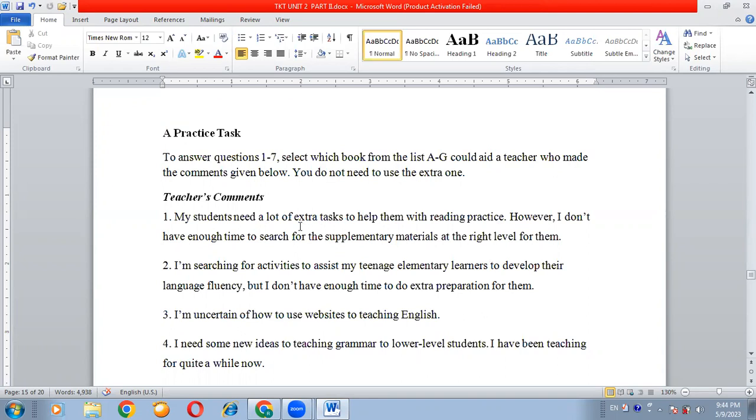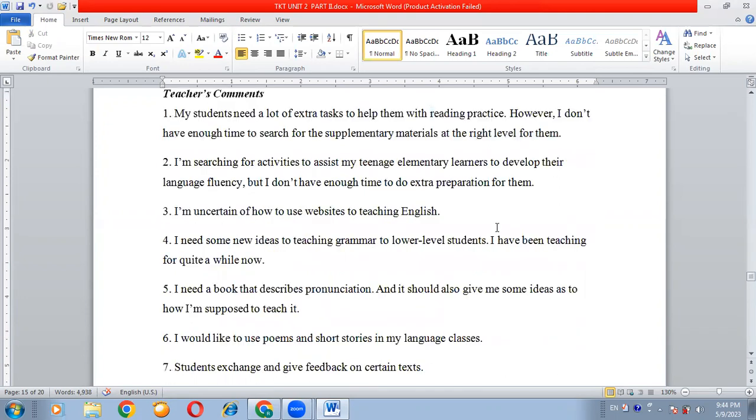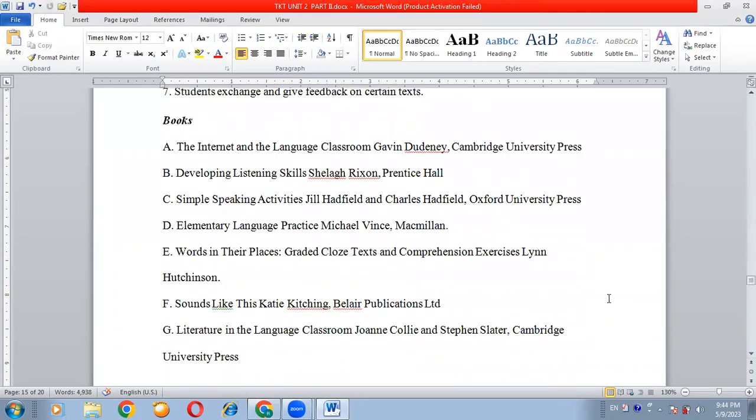The first teacher comments: My students need a lot of extra tasks to help them with reading practice. However, I don't have enough time to search for supplementary materials at the right level. So he doesn't have enough time, however he wants a book to improve reading practice. So what's the book you recommend?